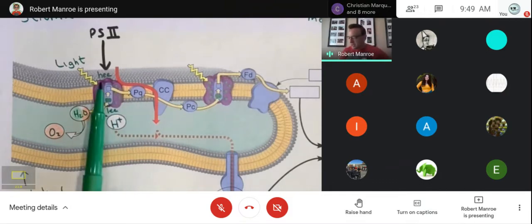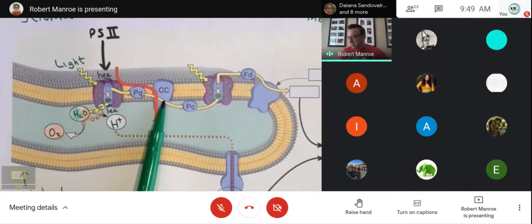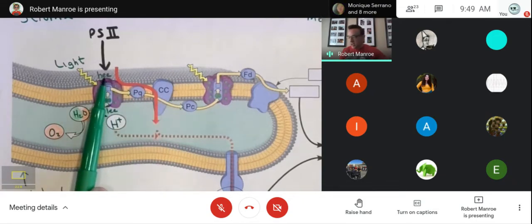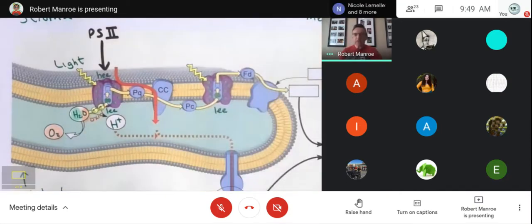with the electrons. These high energy electrons are transferred from this protein to this protein to this protein, okay? So there is an electron transfer between these proteins. The electrons are transferred from here down to here, okay?